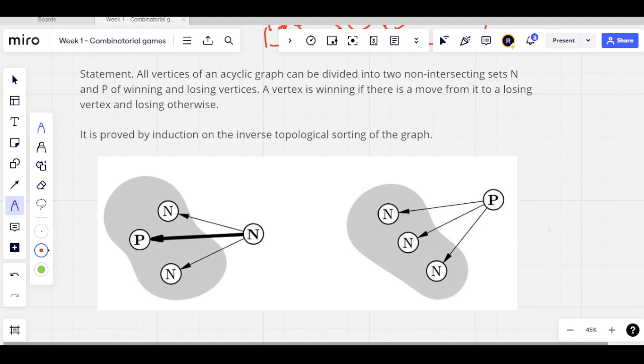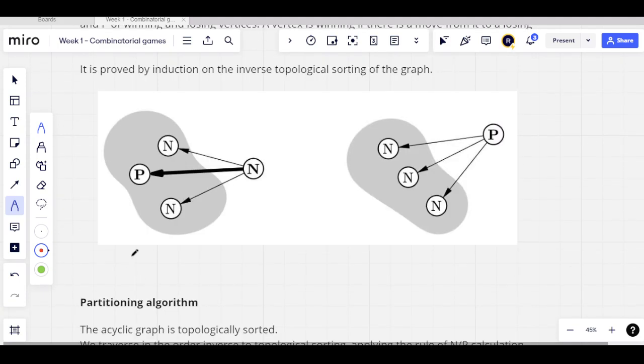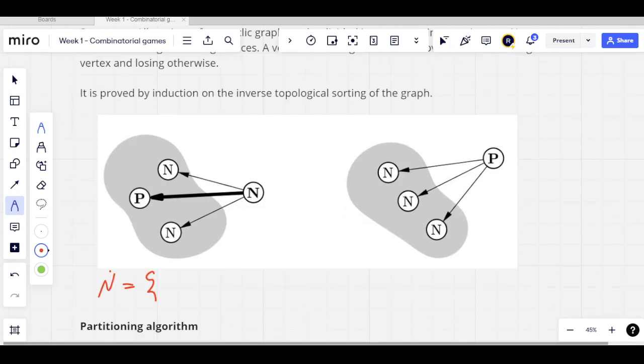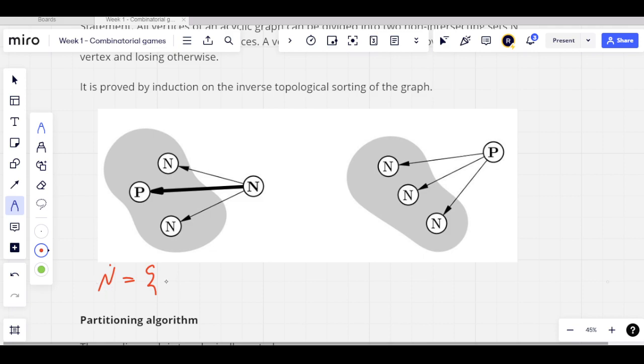We can apply two rules. In the first rule, the winning vertices are described like this.